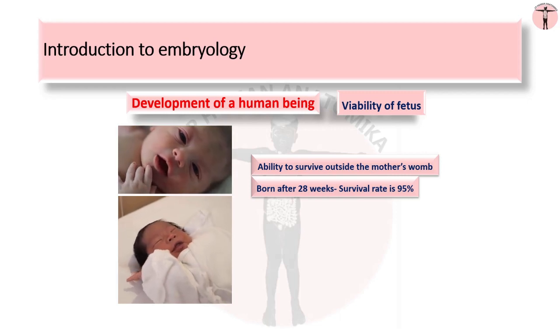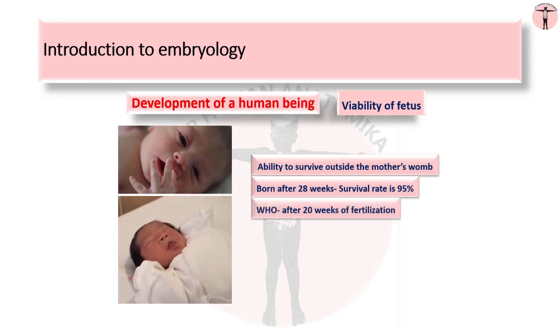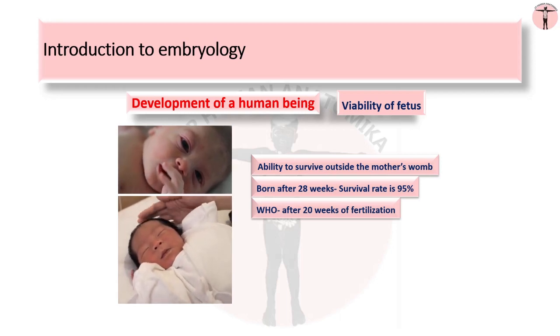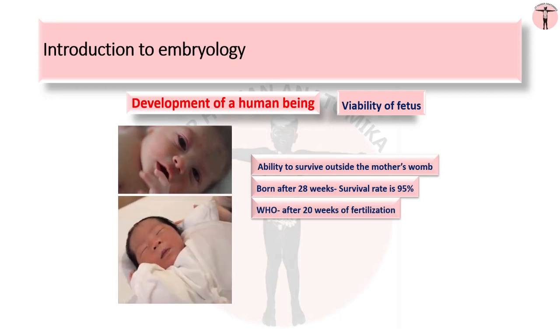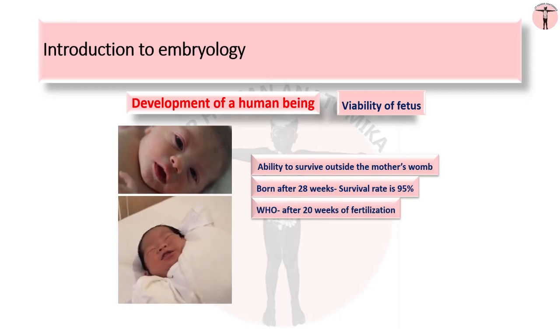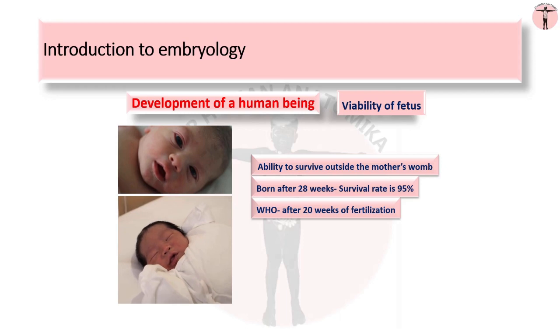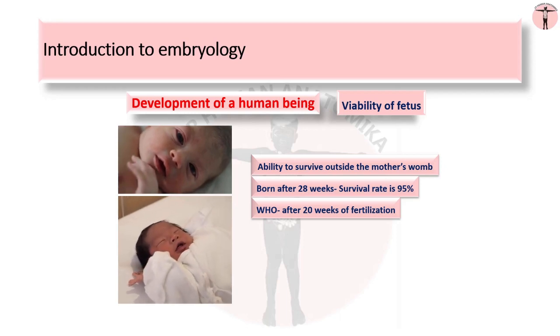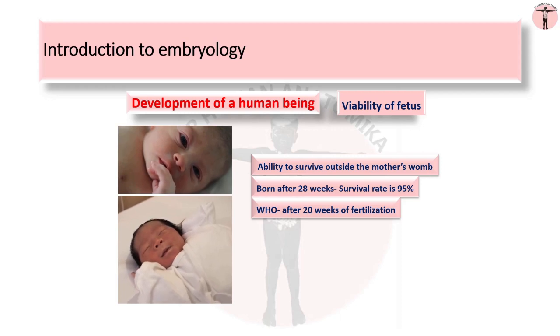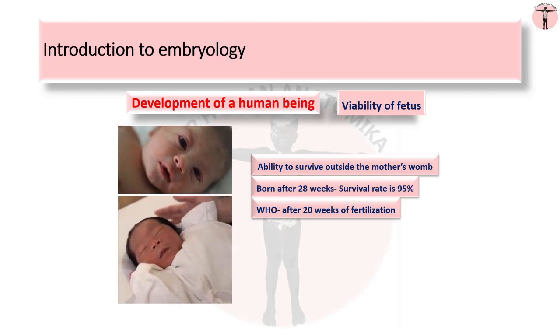However, according to the World Health Organization, fetal viability is possible after 20 weeks of fertilization or 22 weeks of amenorrhea. Medical viability is generally considered to be between 23 and 24 weeks. Babies born are often so small and fragile that they do not survive.